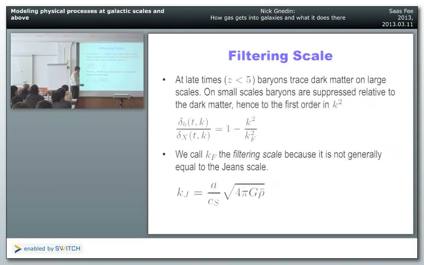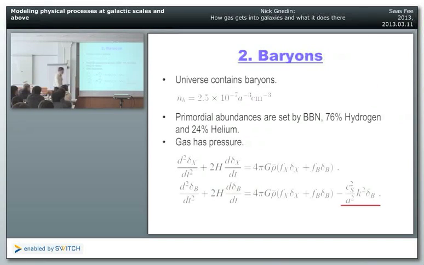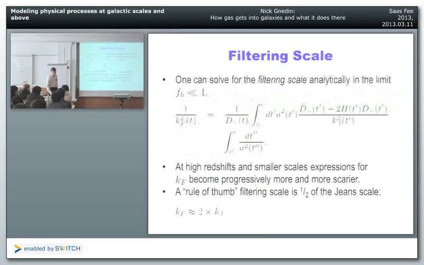So the Jeans scale is a ratio of those two terms, and it may not have anything to do with the filtering scale, which comes up in this ratio. And this ratio comes as a solution to those equations. So our first goal is to understand what this pressure term actually does, so how pressure suppresses fluctuations in baryons in the linear regime.